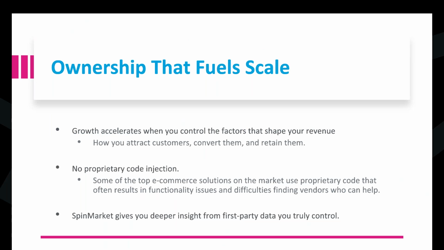With SpinMarket, your code base stays clean, understandable, and aligned with industry best practices so you can scale in the direction you choose. And with that, SpinMarket also gives you deeper insight from first-party data that lives directly in your site. No apps, no plugins needed to get your basic information to help you drive your decisions to move your business forward.